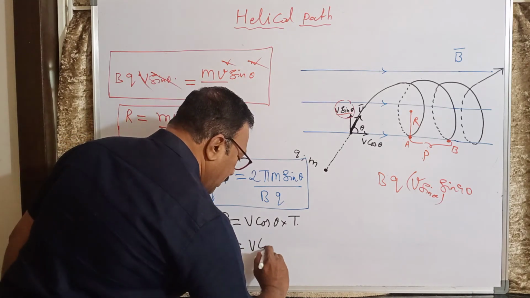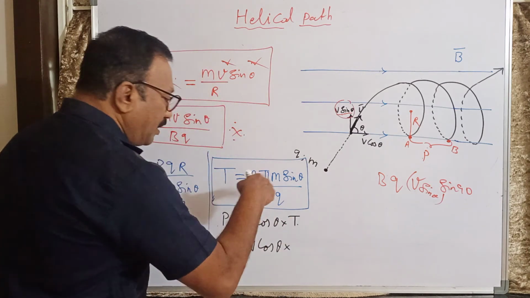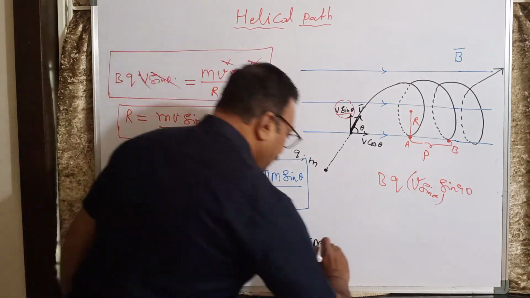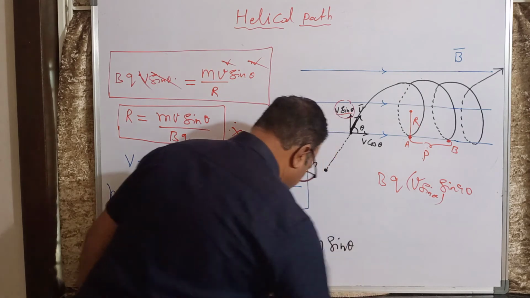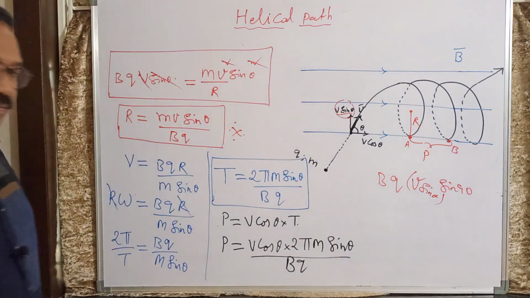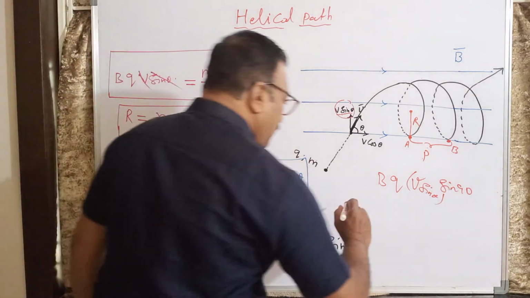Time of one revolution is 2 pi M sin theta divided by BQ.